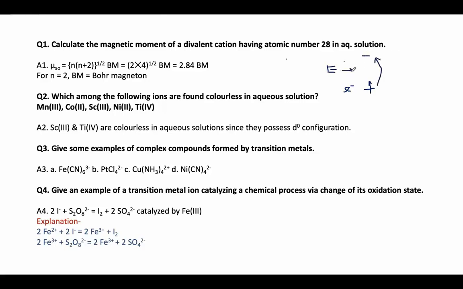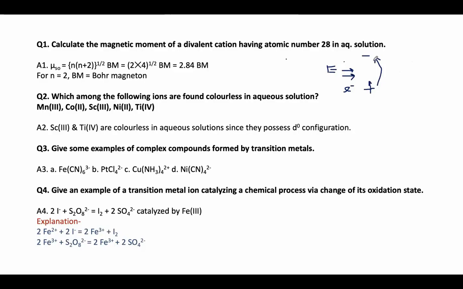So when an external energy is applied, this electron will be excited to a higher energy d orbital. This is the energy of excitation, the gap between this d orbital and this d orbital. The energy of excitation corresponds to the frequency of light absorbed, because the electron will absorb energy from the given light and it will be excited to the higher energy d orbital.